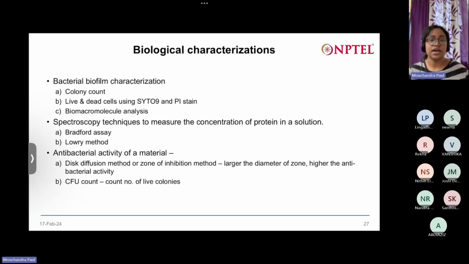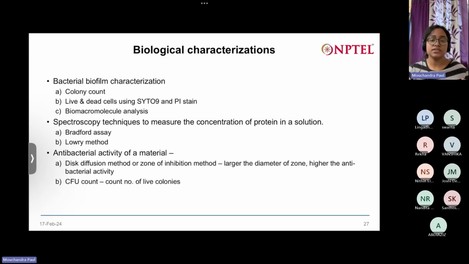We usually get a zone in circular form. We cut out a disc of our biomaterial and keep it in the center of an LB agar plate and allow the bacterial cells to grow. If it has some antibacterial activity, we'll see that a circular zone is formed around it, and that zone is free of bacteria. There is no bacterial growth.